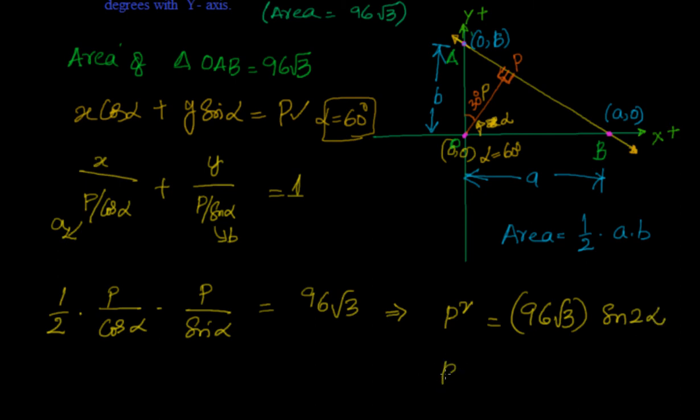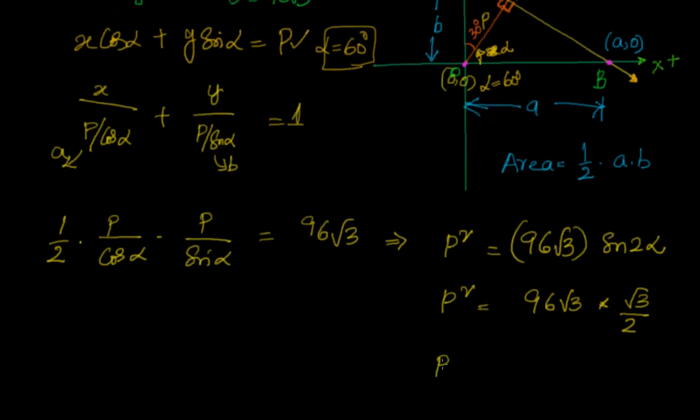That gives p square equal to 96 root 3 into sine 120, since alpha is 60 degrees. Sine 120 is sine of 180 minus theta, and in the second quadrant, sine is positive. So that's equal to sine 60, that is root 3 by 2. If you simplify this, I will have p square equal to 248 times root 3 into root 3, which is 3.